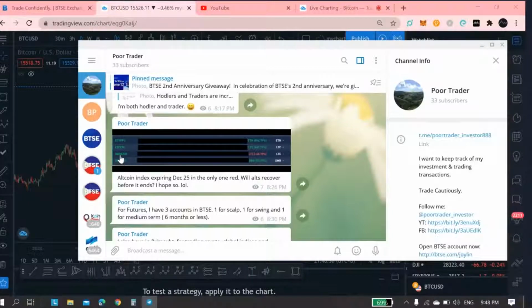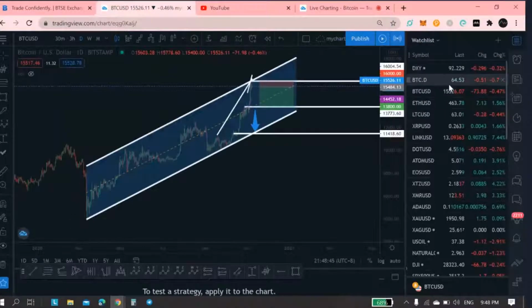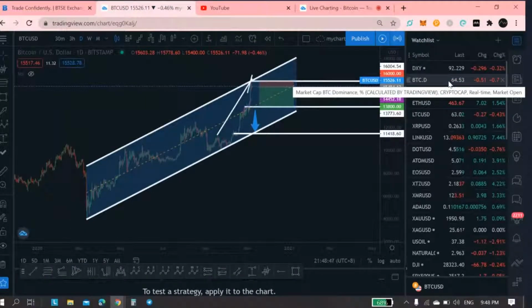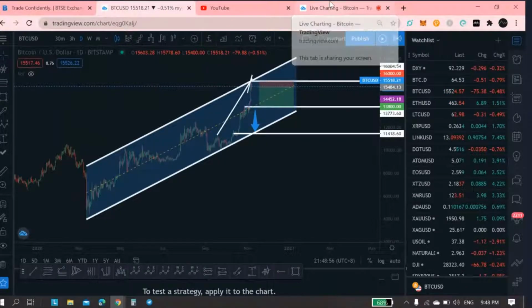This is actually an altcoin index. As I mentioned a while ago, I think I bought it at a higher price, and altcoins are going down from where I bought it.